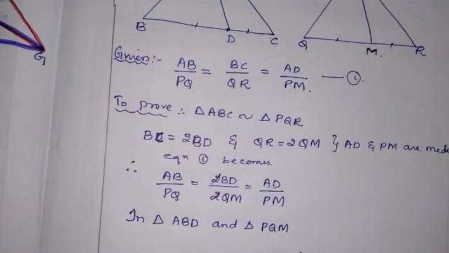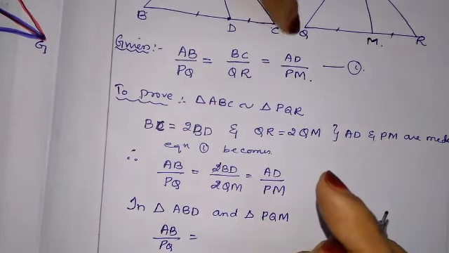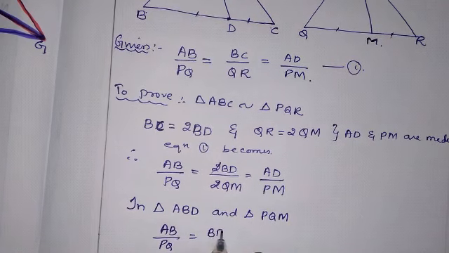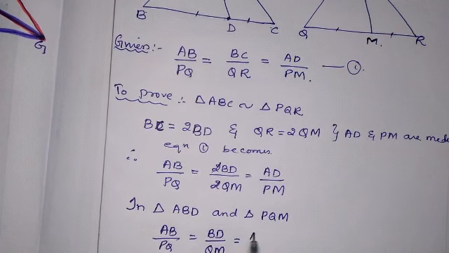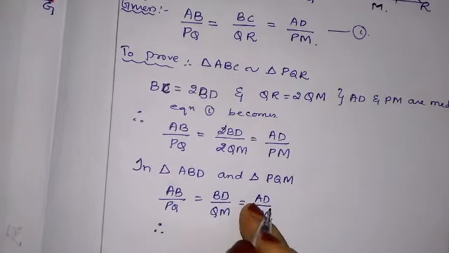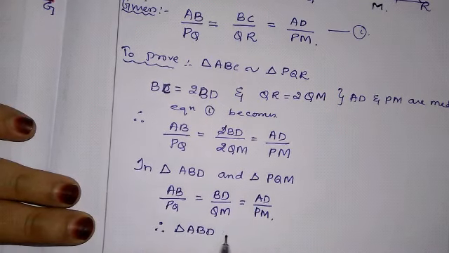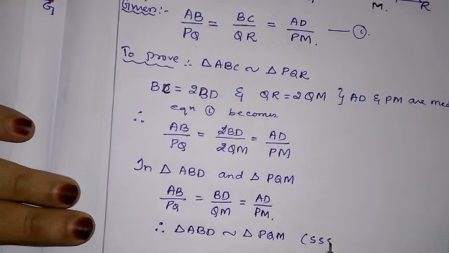AB upon PQ is equal to BD upon QM is equal to AD upon PM. Therefore, if three corresponding sides are in proportion, triangle ABD is similar to triangle PQM by SSS similarity.